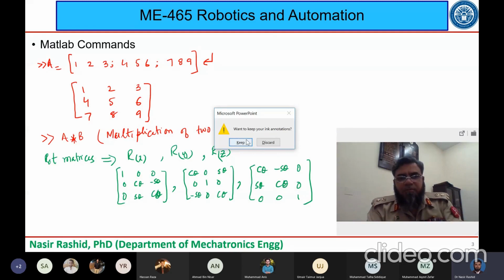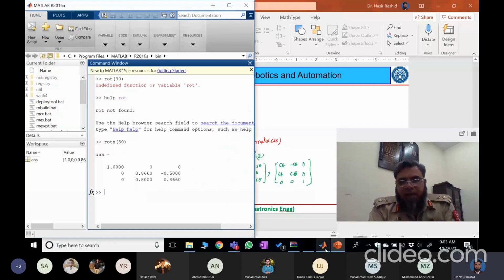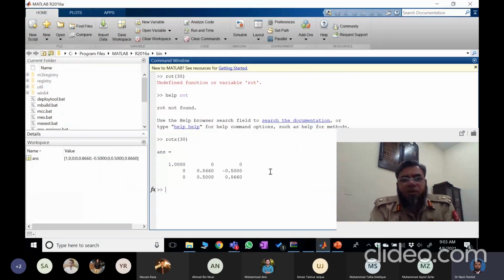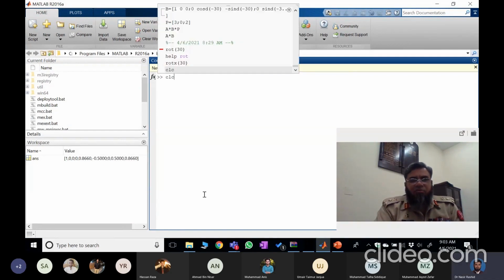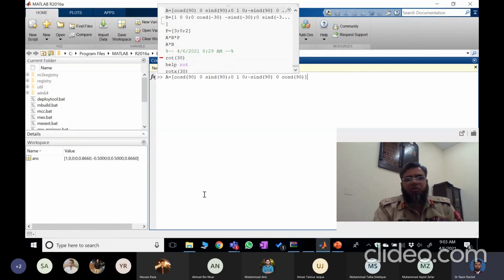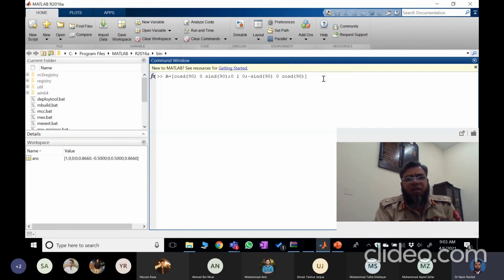Let me just open up the Matlab window. Okay, can you see the Matlab window here? Yes, sir, visible. So I had written a few commands, so let me show you. Okay, at this time you can see two commands.